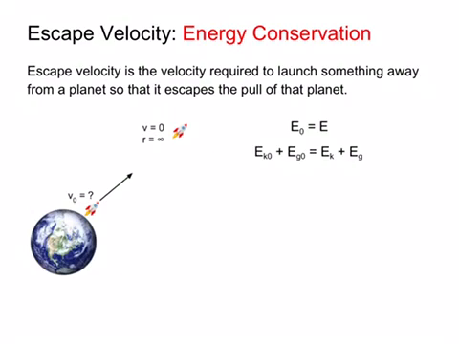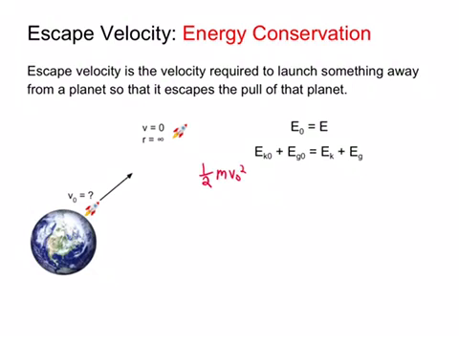Now, deriving an expression for escape velocity is really just a matter of using the conservation of energy. In the initial conditions, for the kinetic energy of this thing we are launching, we have 1/2 mass times its initial velocity squared.